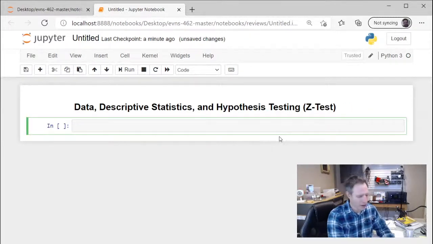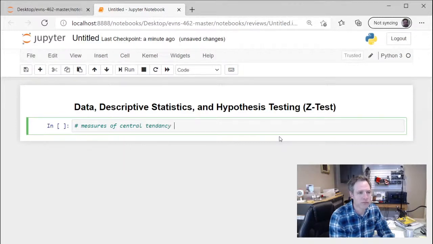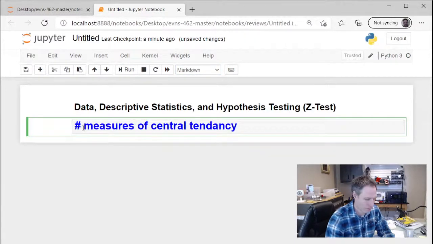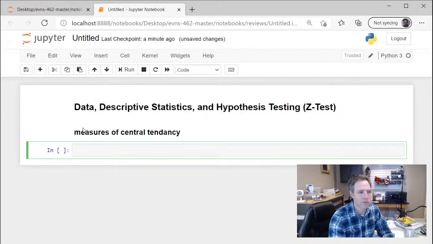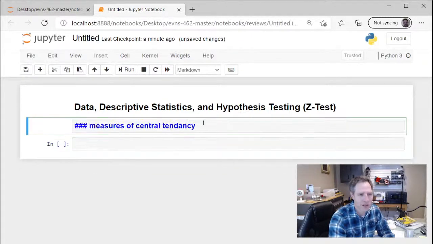Okay, so let's start with, we talked about several different measures of central tendency. Please excuse my spelling errors. We talked about three specific measures of central tendency: the mean, median, and the mode.